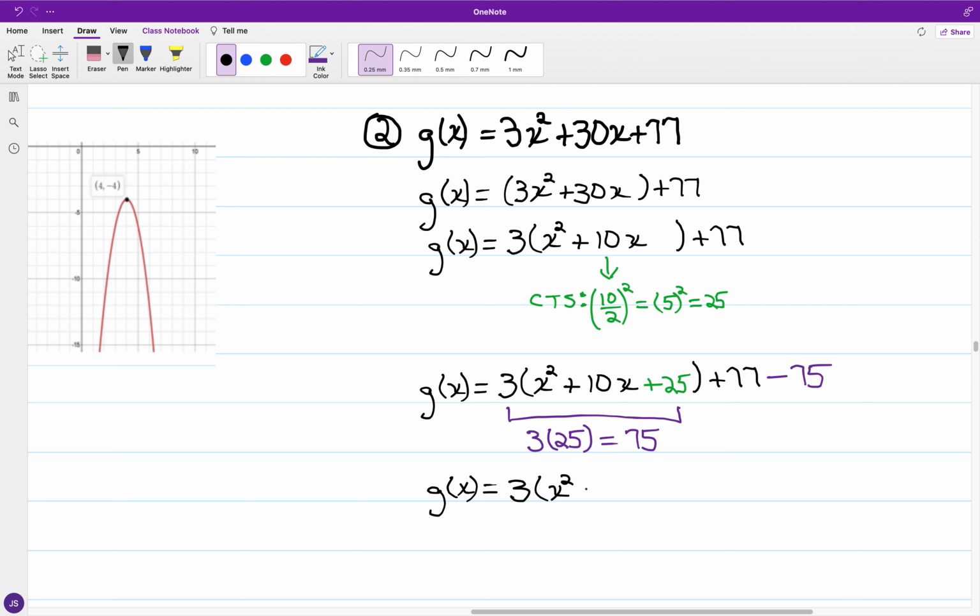I can always double check by distributing 3 over the trinomial: 3x squared plus 30x, 3 times 25 is 75. If I add 2, I come back to 77.